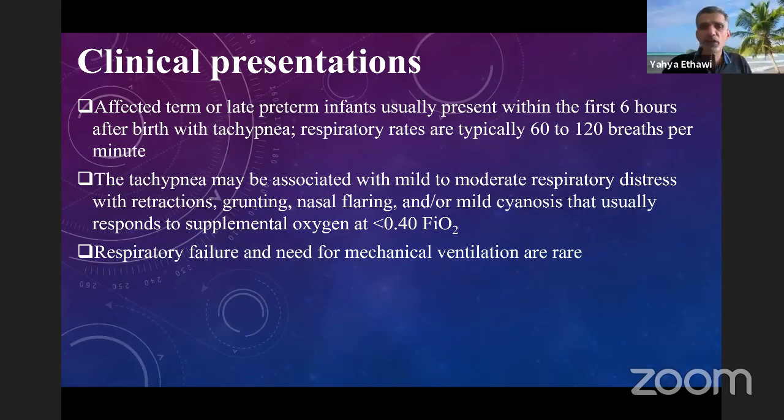I want to ask the fellows, what is grunting? Anybody can describe what is grunting and why it develops? Fellows? Anybody? Fellows, question, what is grunting? No, don't text.